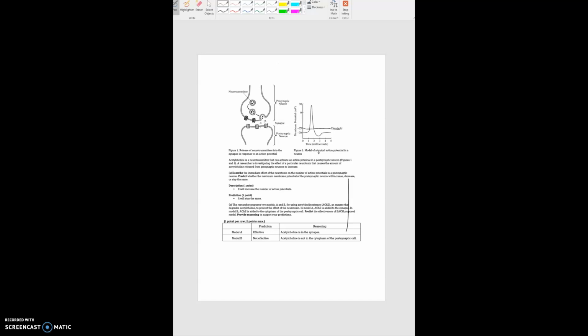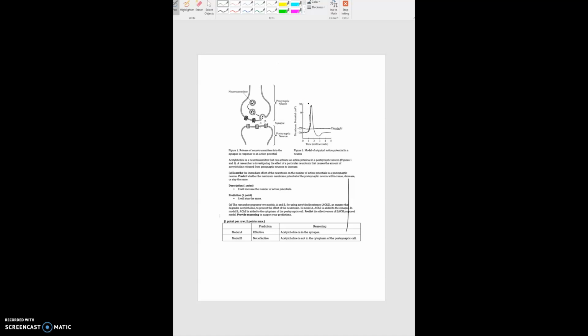So these action potentials are happening very quickly. So remember that when we have enough stimulation, we're going to pass the threshold, usually happening at the axon hillock. And once you pass the threshold, the amount of sodium is going to start to rush in, and it's going to cause a depolarization.